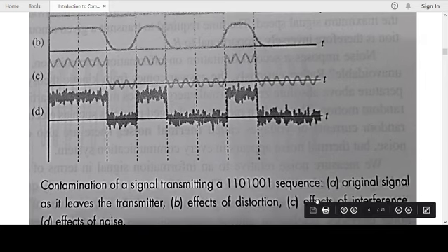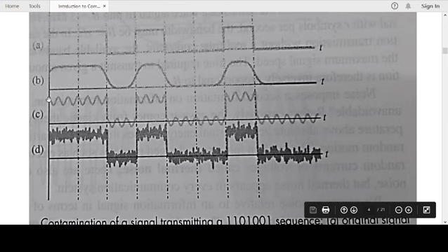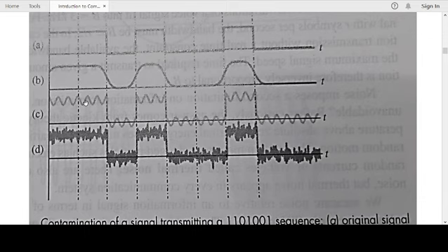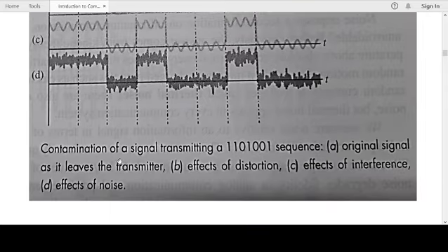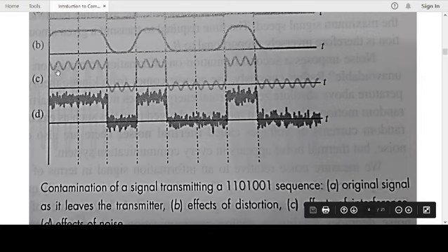Effect of figure C, effect of interference. Interference is an extraneous signal which has been superimposed on the actual signal. This signal is generated from some other source, and hence if you know the appropriate frequency, you can design a notch filter and cancel this interference. Effect of noise: unlike interference, which has a certain frequency pattern, noise is relatively random.